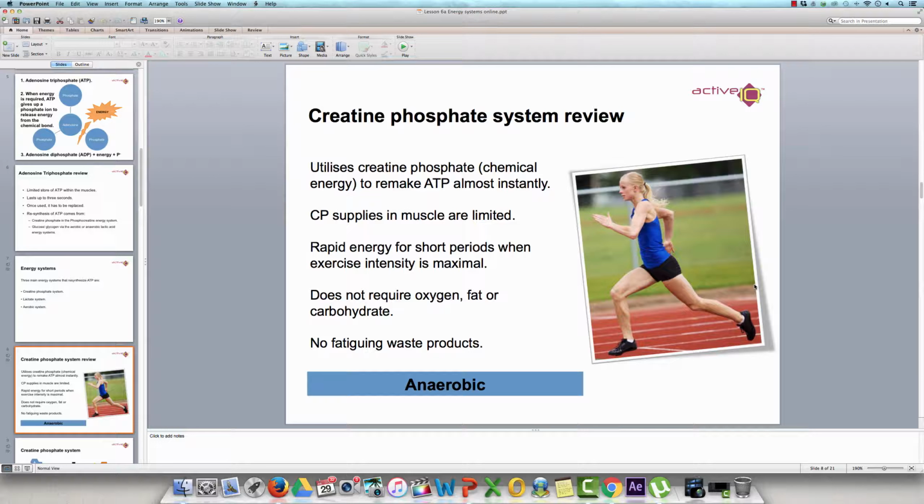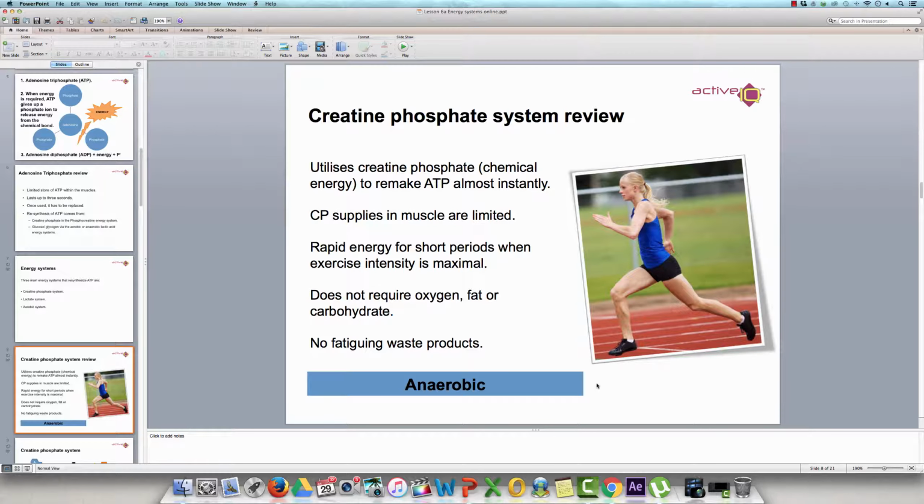The first one we're going to look at is the creatine phosphate system. It's important to know it's anaerobic, which it says at the bottom here. Anaerobic means without oxygen, so this is an energy system that works without oxygen. What it does is it takes creatine phosphate to remake ATP almost instantly.